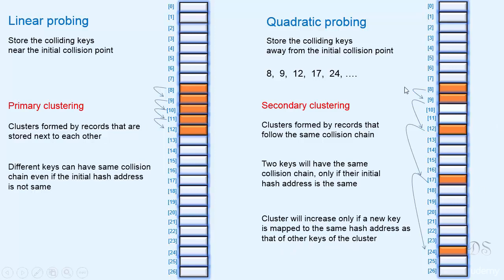Because here clusters are formed by keys that have the same initial hash address. In primary clustering, the cluster size would increase if the initial hash address of a new key lies anywhere inside the cluster. So this cluster will grow if any key is mapped to location 8, 9, 10, 11 or 12, and this cluster will grow only if a key is mapped to location 8.